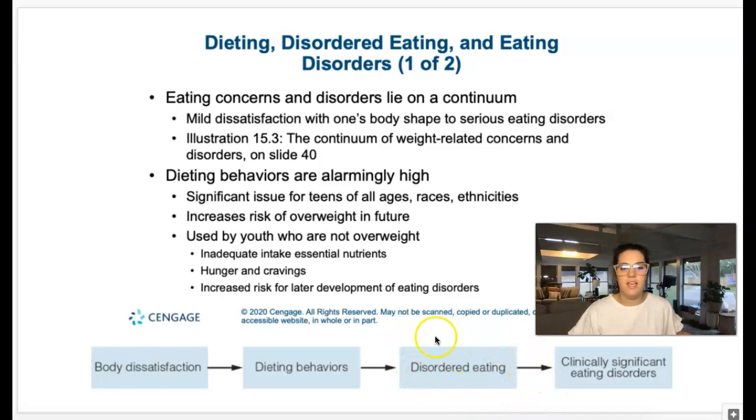This disordered eating, which can go unrecognized, people can think that it's normal. That is what leads to these clinical eating disorders that we can diagnose.